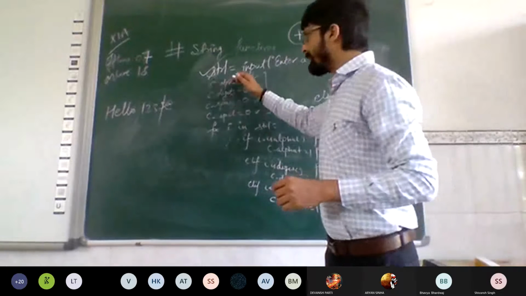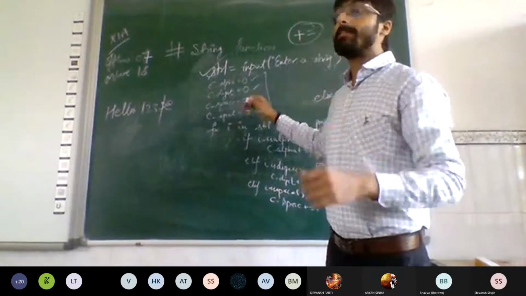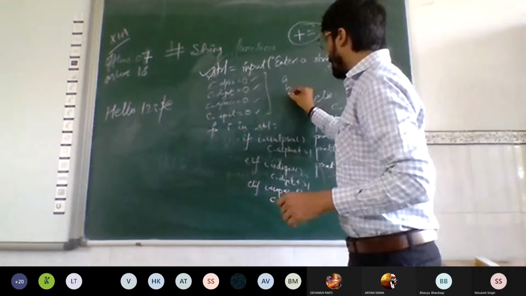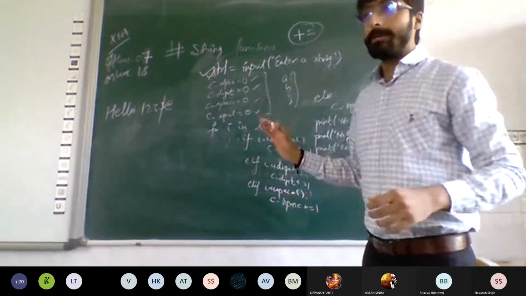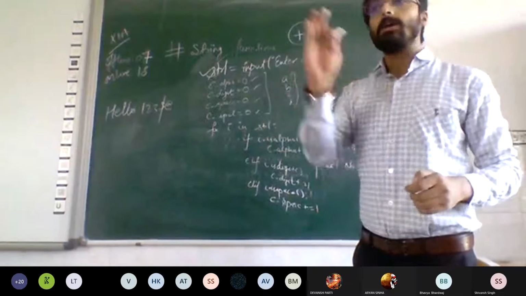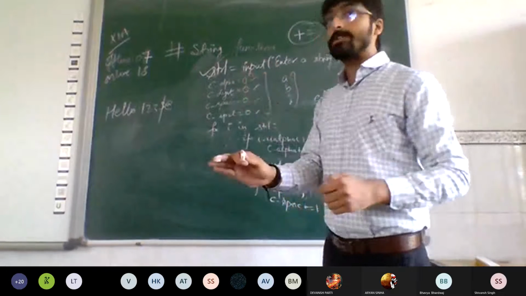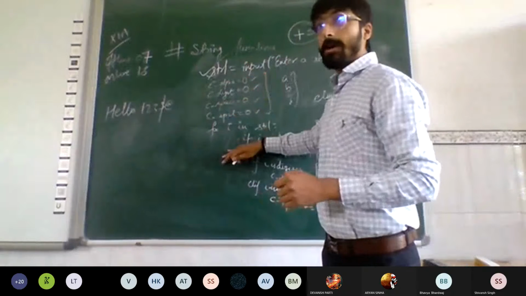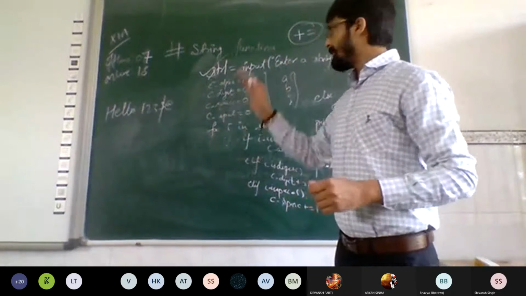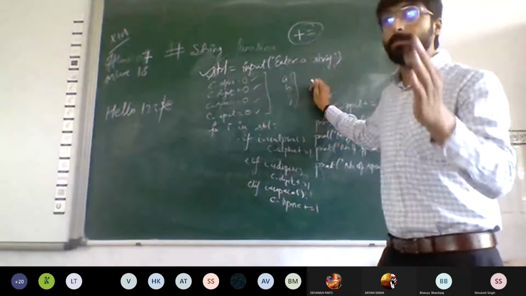It's not a compulsion that you'll be taking the same variables. It's your choice. If you want to take some other variables, just like A, B, C, D, you can take them. But it's a good programming habit to take variables which refer to the program. Because this program is written by a developer.